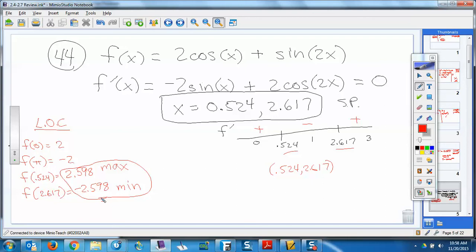Don't worry about that. I'm not going to ask you to do that. With local max and min, those kinds of things, we usually give the x value. Where are the local max min? Where is it increasing, decreasing? Where are the inflection points? We give the x value. Global max min is typically what is the max value, so it wants the y value, the output. Okay, so that's what we would give for that one.